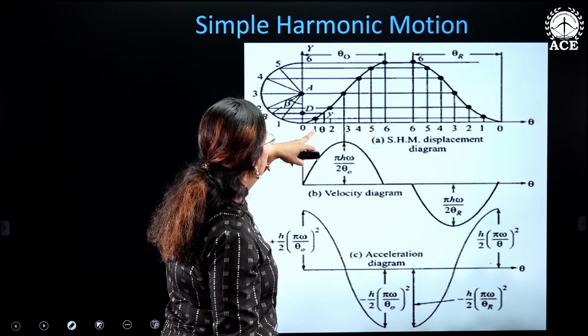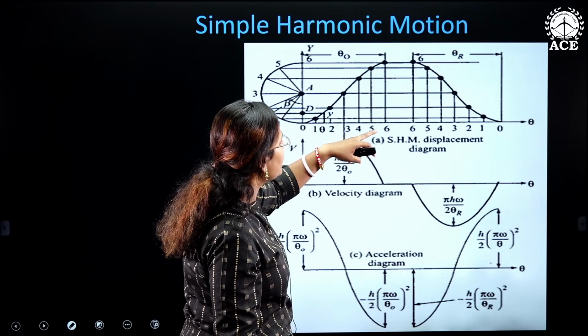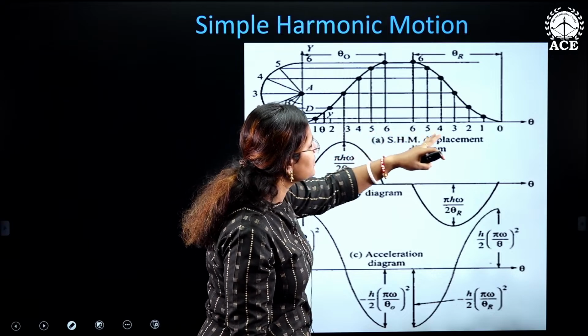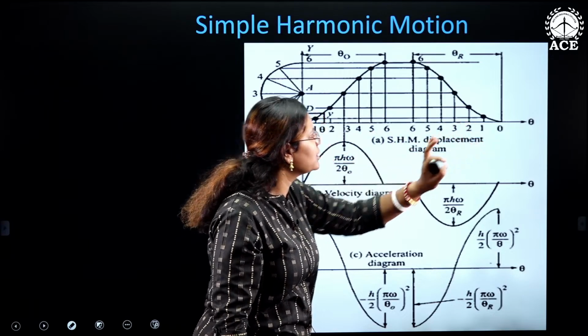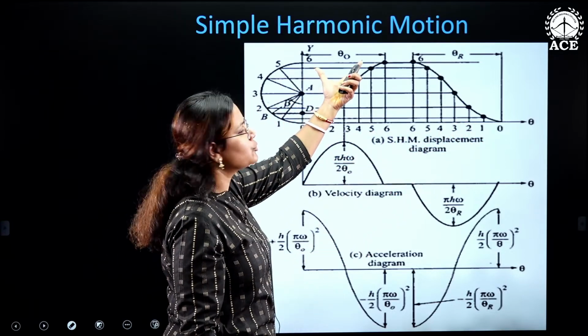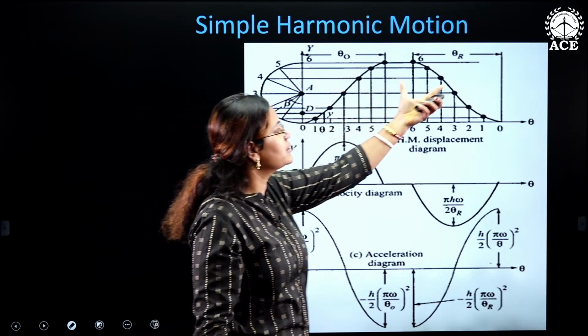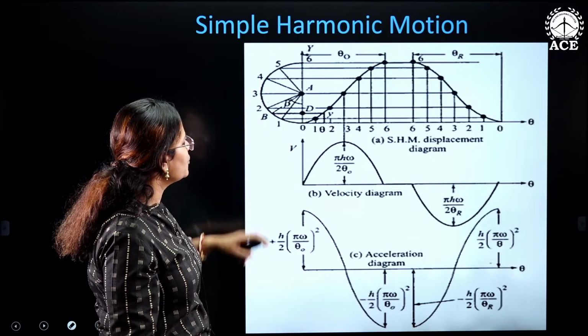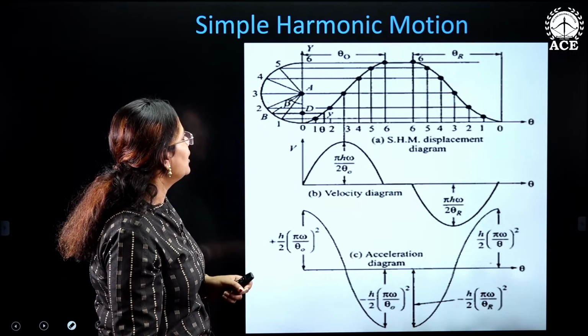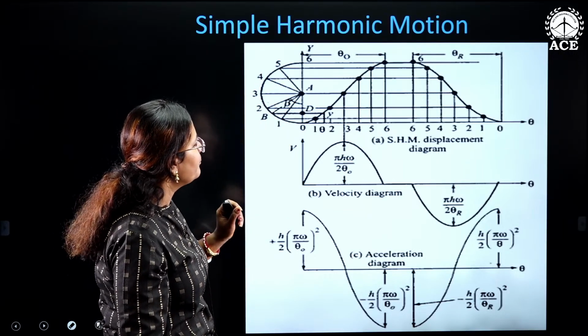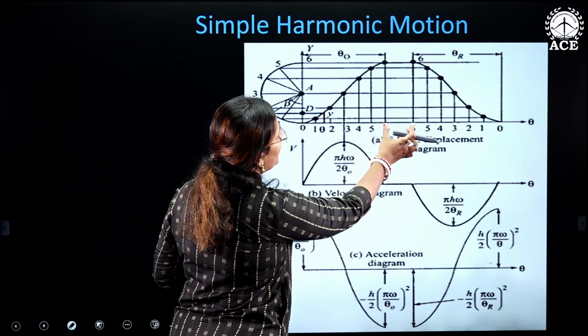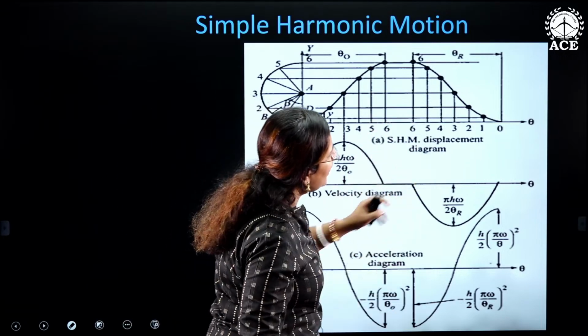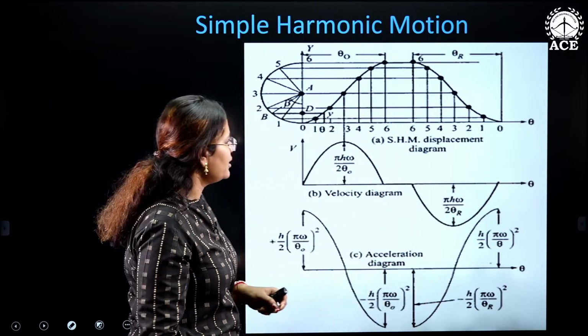We have seen 1, 2, 3, 4, 5, 6 divisions here, and 6, 5, 4, 3, 2, 1 and 0 divisions there. This is the outstroke angular displacement, that is the return stroke angular displacement. The half circle over here is going to be divided into 6 equal parts here as well. So this left out part is nothing but dwelling over here, and the remaining part is also dwelling over there.